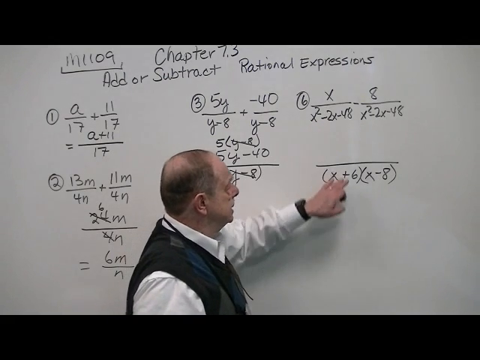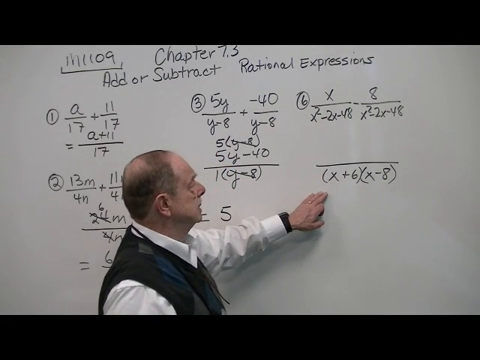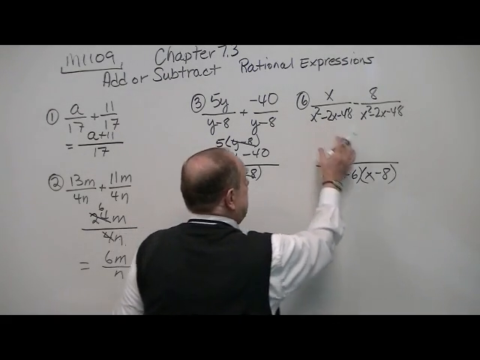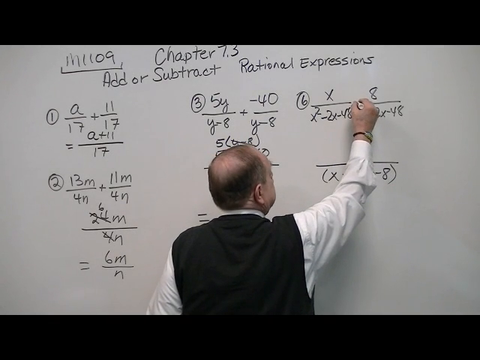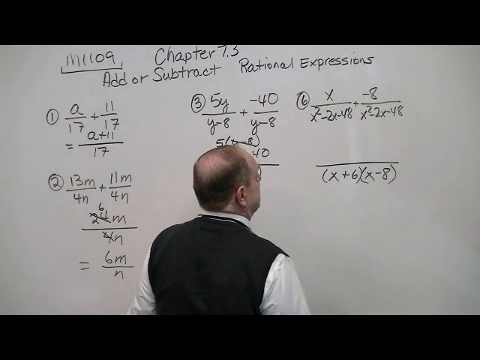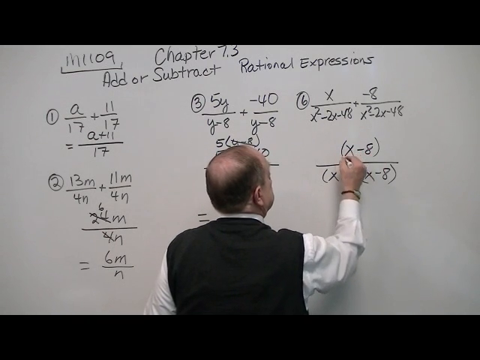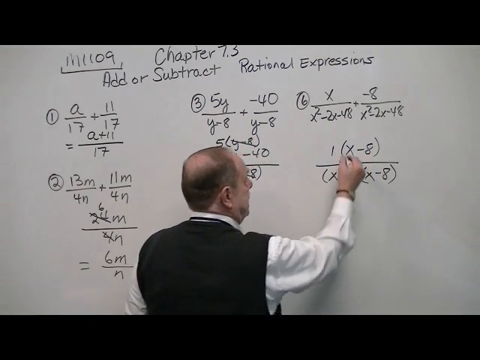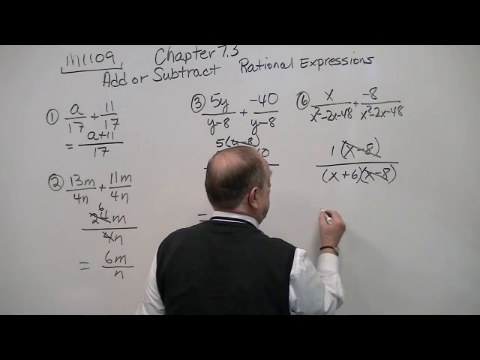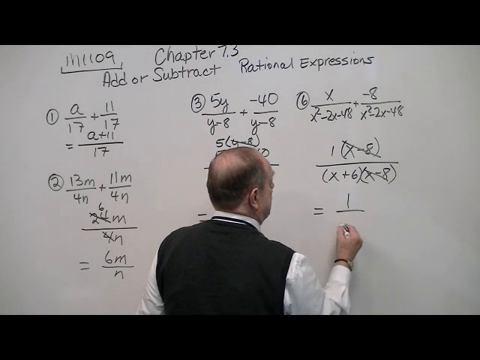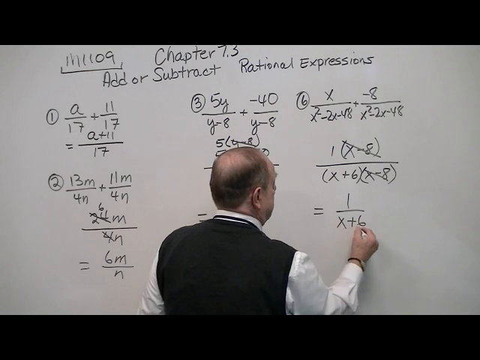So I factored this into that. Going to change this to plus, put the negative there. So I now have x minus 8. And now these cancel out. And my final answer is 1 over x plus 6.